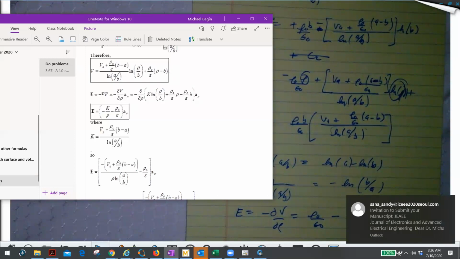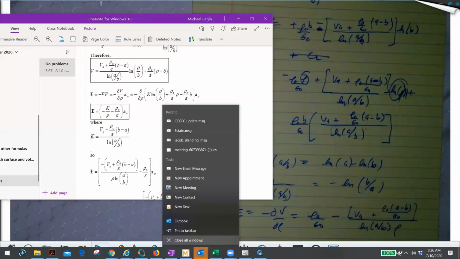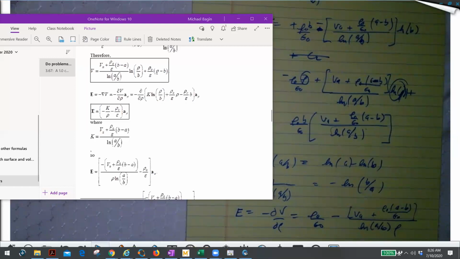Let me kill my email, hold on. If we take a derivative of this with respect to rho, we're going to get simply rho naught over epsilon, correct? Now, that's V, dV d rho, but when we throw a minus sign in, it would be minus rho naught over epsilon.